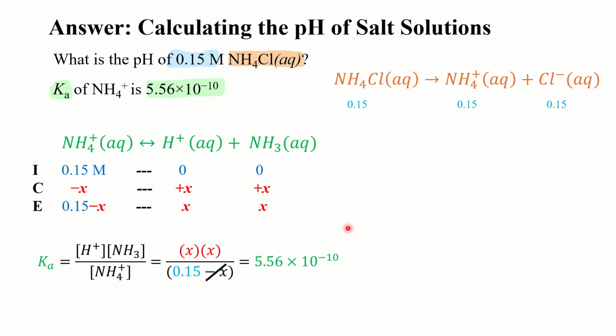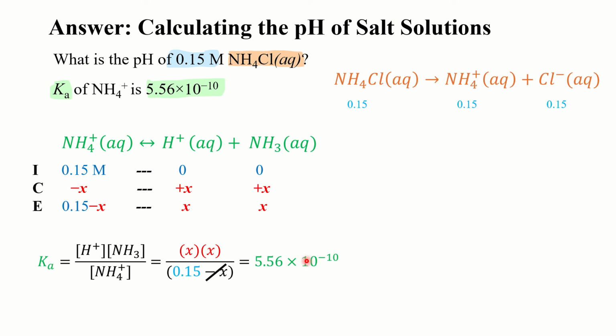Now we can set up our Ka expression. Ka equals the concentration of H+ times the concentration of NH3 divided by the concentration of NH4+. You can plug these values into that expression and set it equal to the Ka value you were given. So x times x over 0.15 minus x is equal to 5.56 times 10 to the negative 10th.